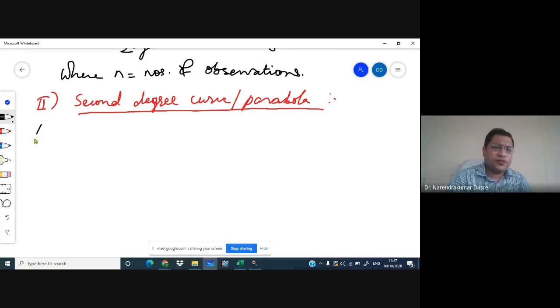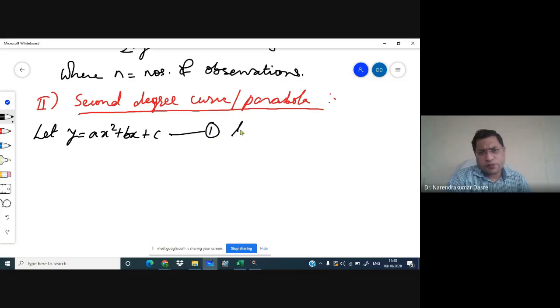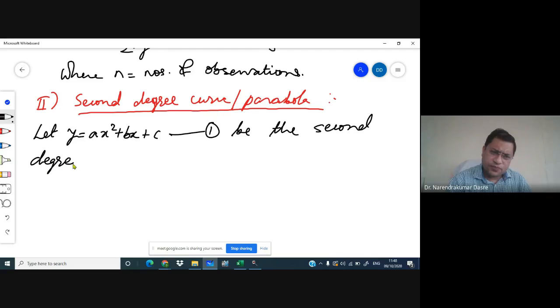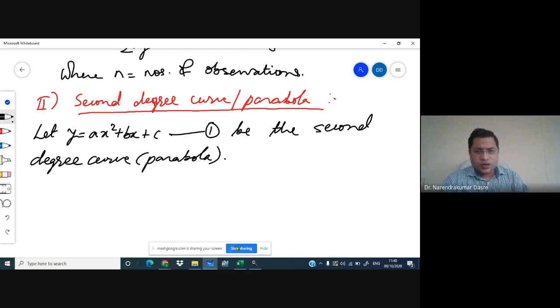Let the general parabola be y is equal to ax square plus bx plus c. The second degree curve is going to be a parabola. Now, what we have here is that x and y are known.